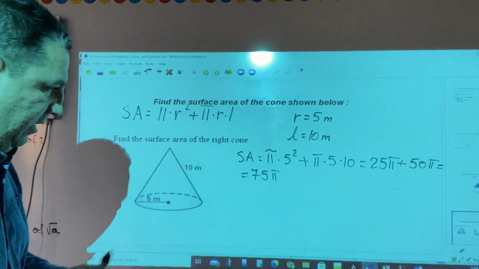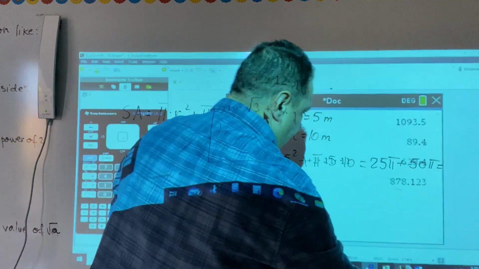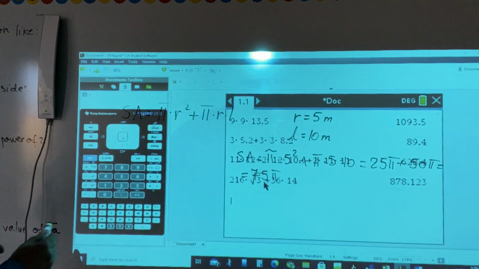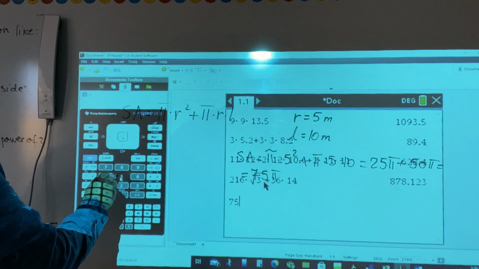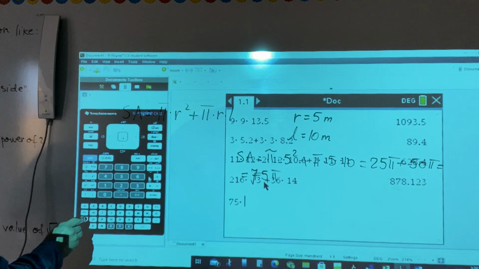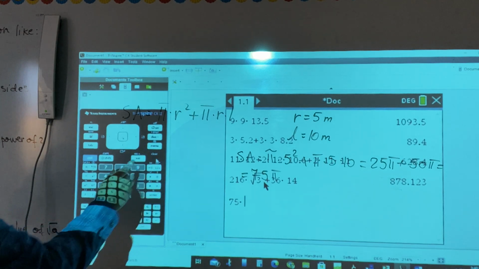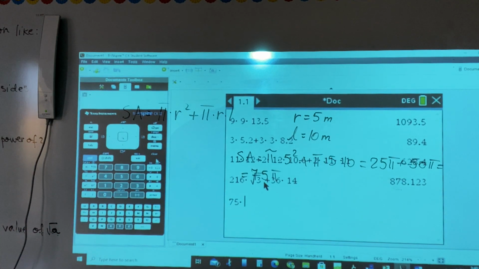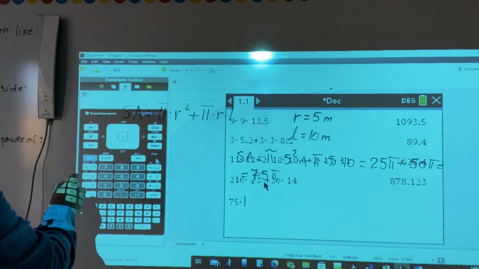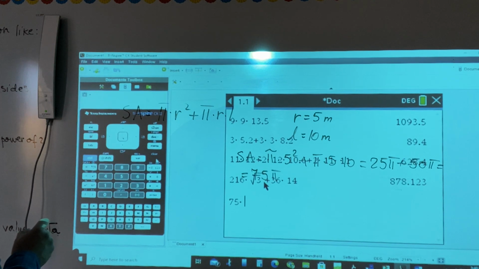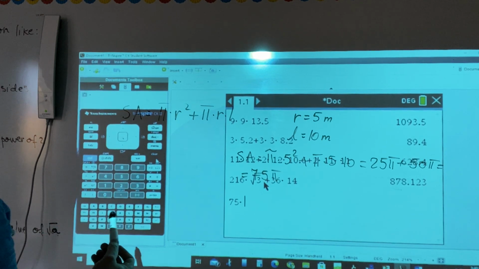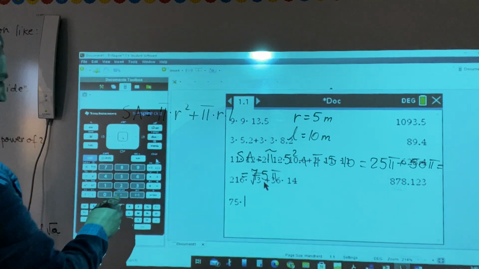Let's find, using calculator, how much is 75 pi. Let's approximate pi by 3.14.